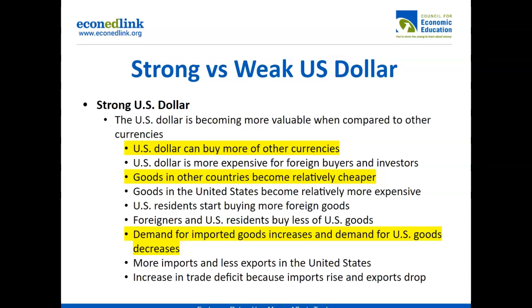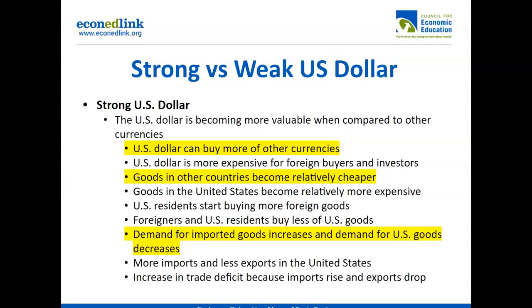So let's say the US dollar is strong against the Japanese yen, then we can buy more Japanese yen. The goods in other countries become relatively cheaper. So with the example of the yen, if we're purchasing something from Japan, an automobile, for example, then that will make the automobile less expensive in US dollars.